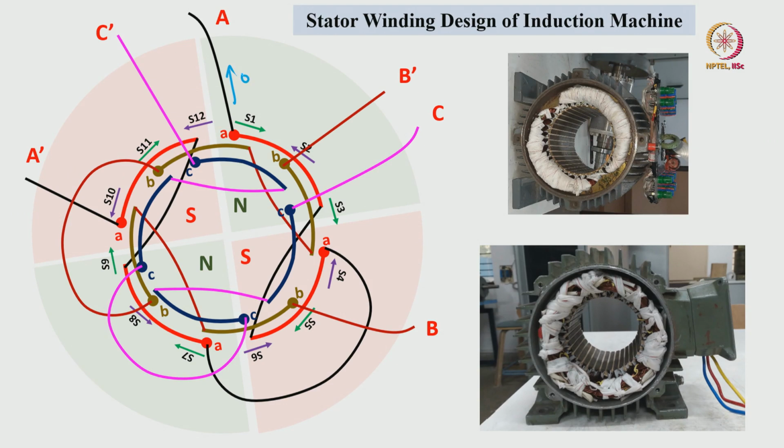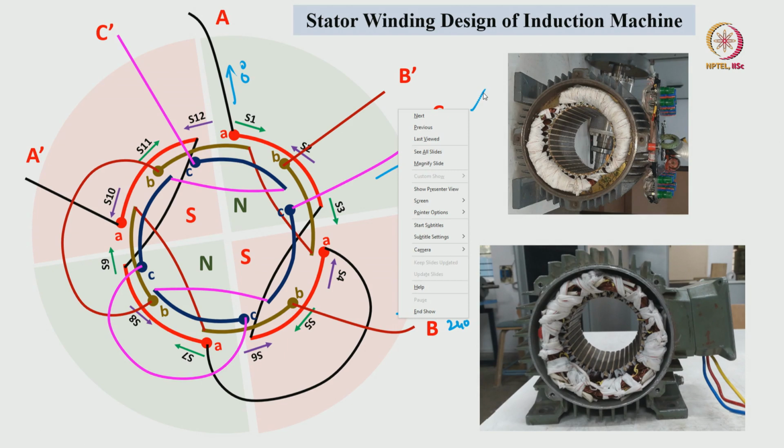A phase is at 0 degrees, B phase at 120 degrees with respect to 2 poles, C phase at 240 degrees, or I can say B phase at 240 degrees, C phase at 120 degrees.